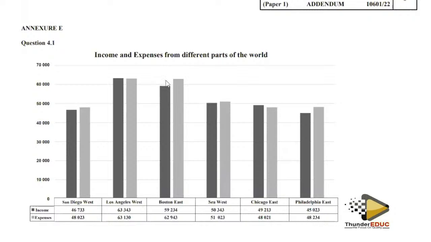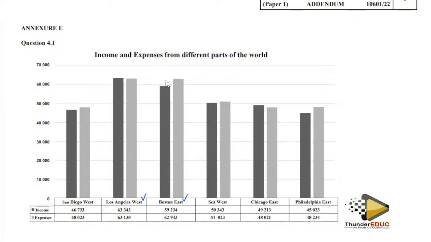We are looking at Los Angeles West and Boston East. So Boston East is there. Los Angeles West is there. The difference that we're looking at is in the income. Income is the one which is on top.